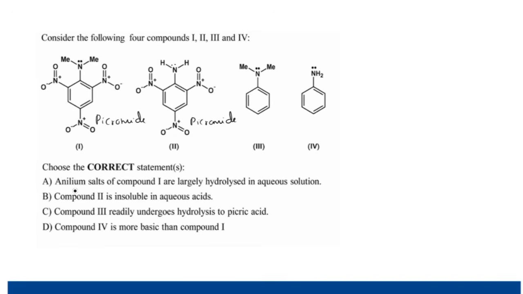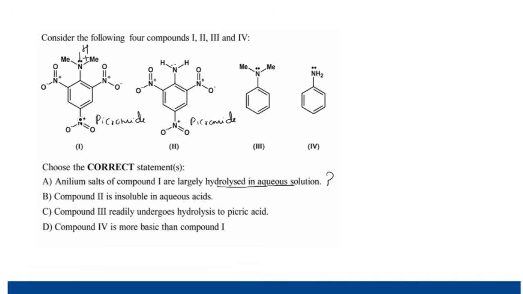Let's read out the first statement. Anilinium salts of compound 1 are largely hydrolyzed in aqueous solution. What does that mean? When this accepts the proton, will it be hydrolyzed in aqueous solution? For that, we need to know, will it form this anilinium ion at all? Yes, it does, because it is a strong base. Why is it a strong base?